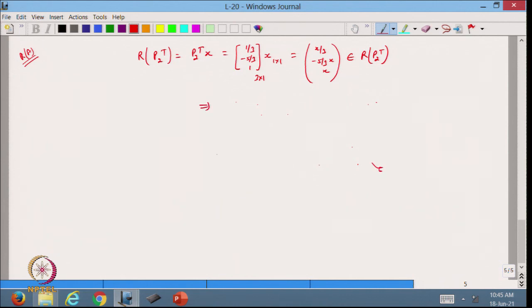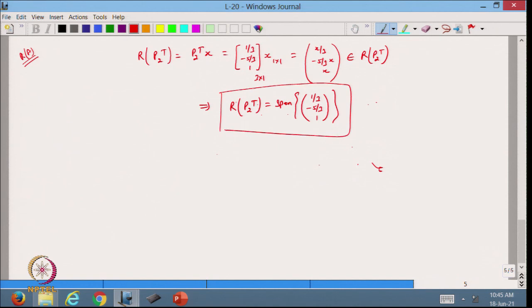So, from here I can say that the range space of P2 transpose is spanned by the vector 1 by 3, minus 5 by 3, and 1, because x is just a real number. And you know from here that this is the null space of A transpose.